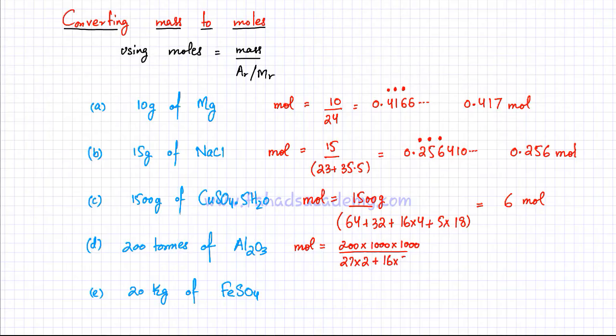So the total MR, by adding all the atomic masses of aluminium oxide, is going to be 102. The answer that I am getting, rounded to 3 significant figures, is 1.96 into 10 raised to the power 6 moles.